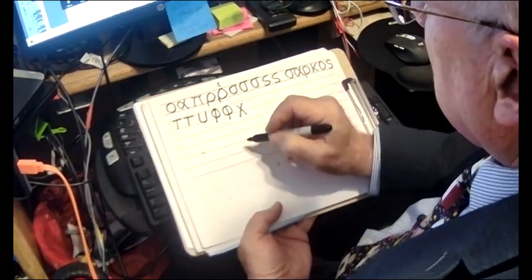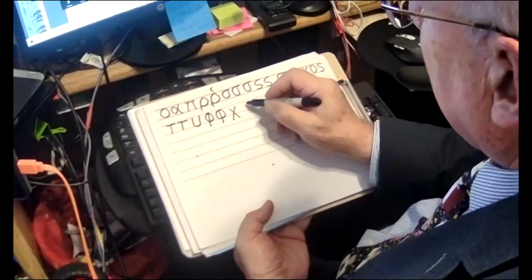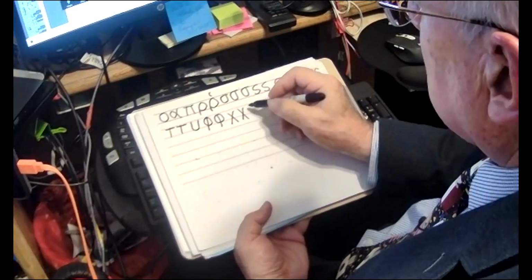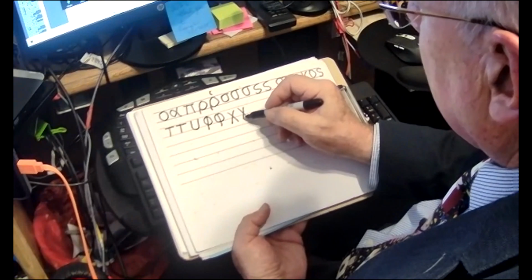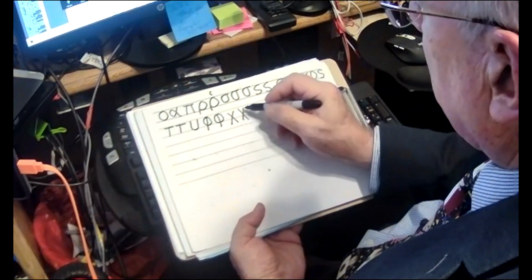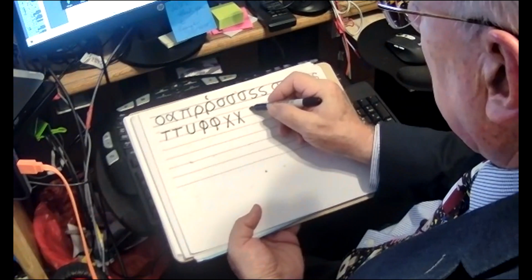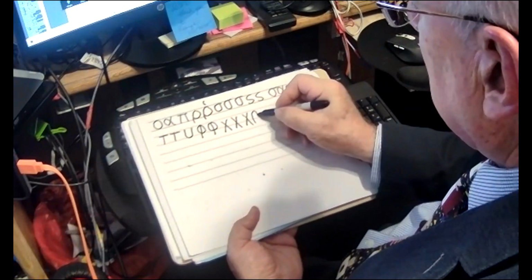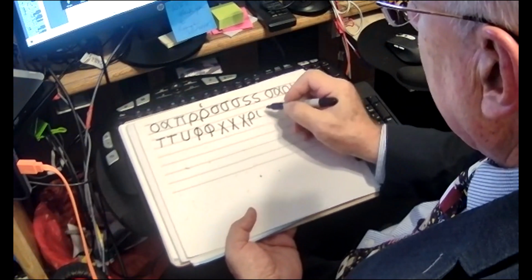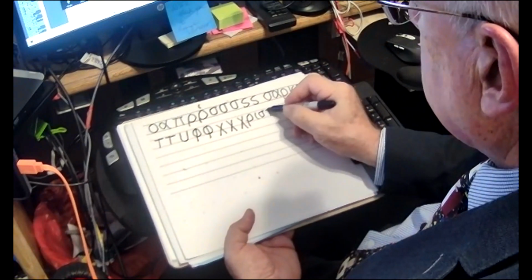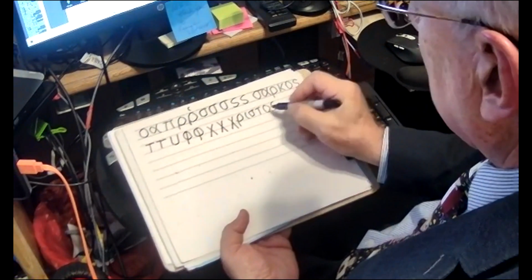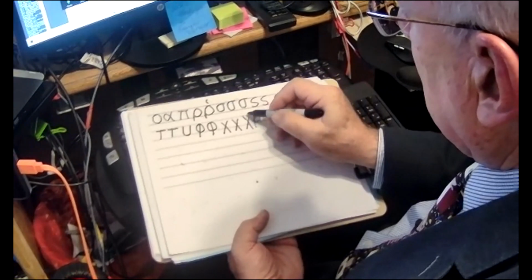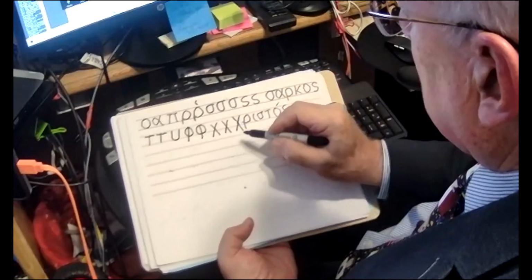Chi looks like an English X, except that it's a large letter, but you don't notice it because it doesn't quite reach the top line and goes further below the bottom line. So, for example, the name of Christ is Christos. I can extend this a little bit more up to the top.